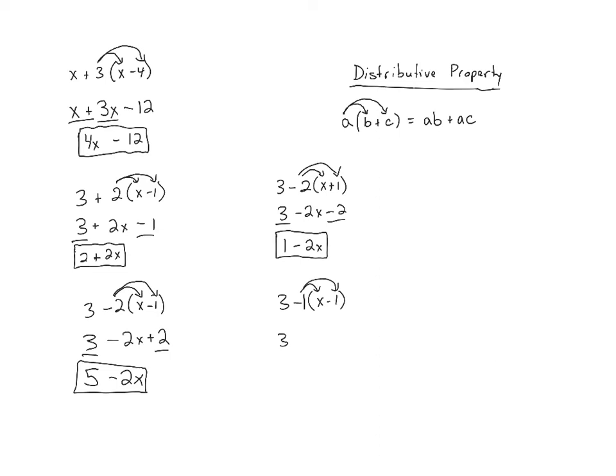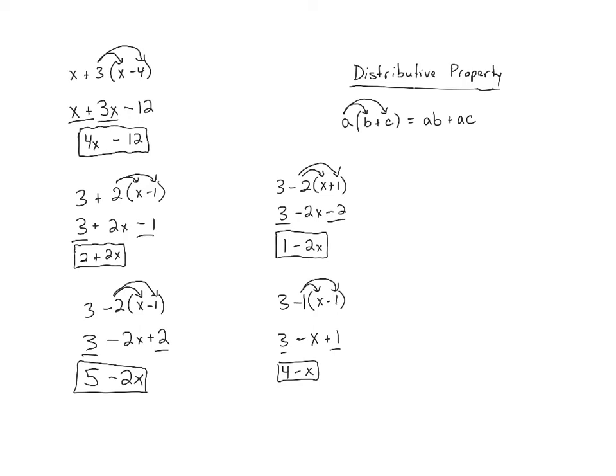We keep the 3 out front. Negative 1 times x gives us negative 1x, or negative x. And then negative 1 times negative 1 gives us positive 1. So we've got 3 minus x plus 1. Combine the constant terms, 3 plus 1 is 4, and we've got 4 minus x.